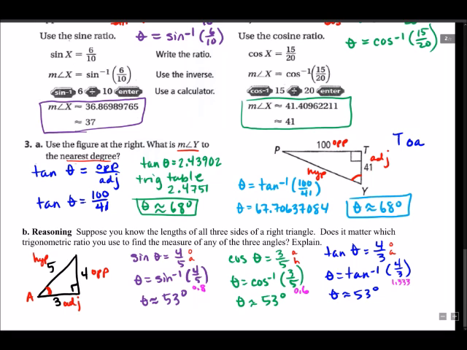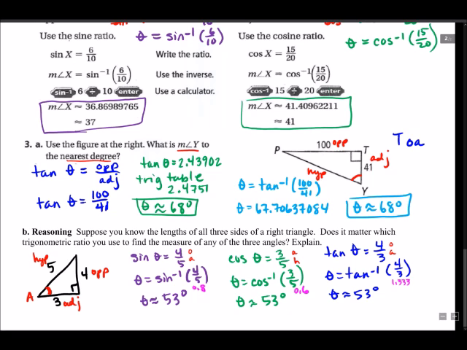So I just drew a right triangle here, a 3, 4, 5. We know 3, 4, 5 is always a right triangle. Picked an angle, doesn't matter. Opposite, adjacent, hypotenuse. Sine theta, if I use my calculator, I get about 53 degrees. If I use my trig table, that's 0.8 under sine is 53 degrees.